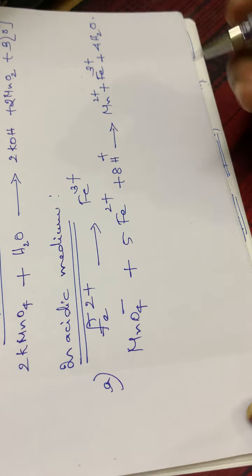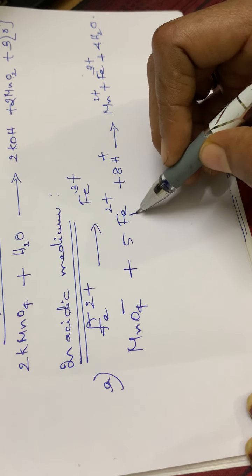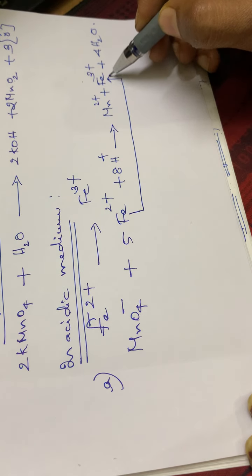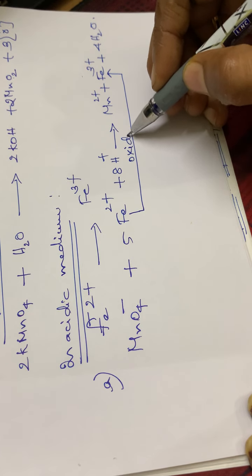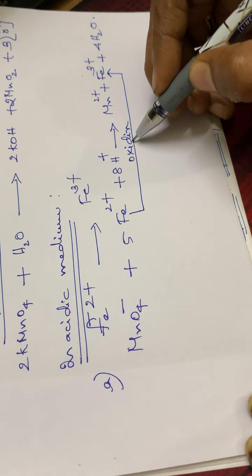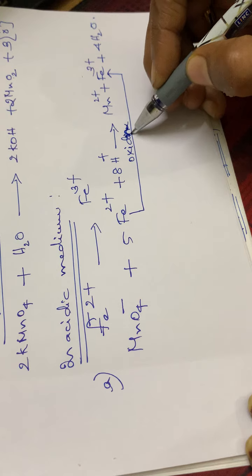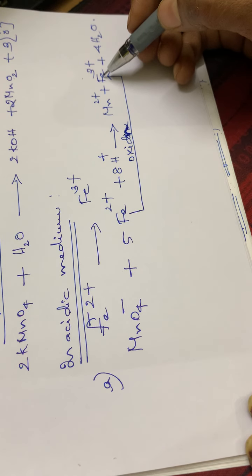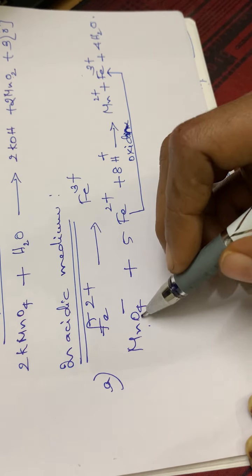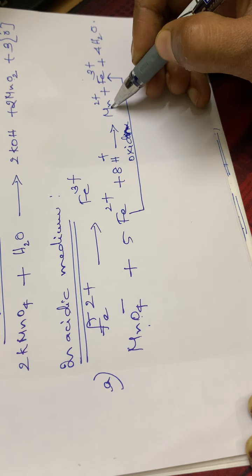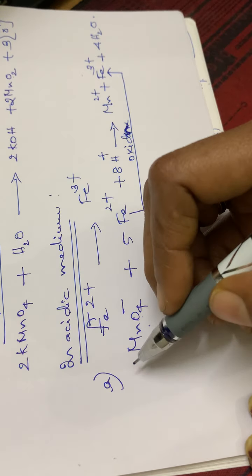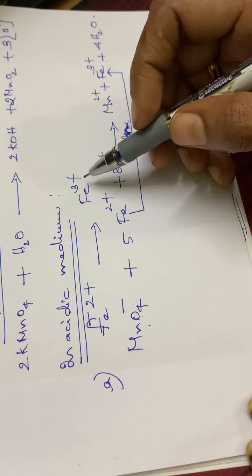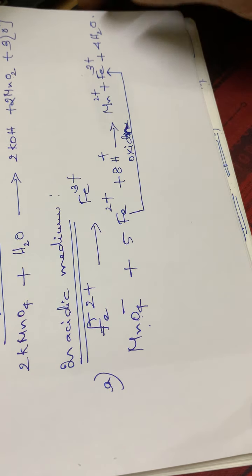Here in this reaction, Fe2+ is oxidized to Fe3+, so oxidation takes place, while manganese is reduced to Mn2+. So this is the first reaction, the oxidation of ferrous to ferric.